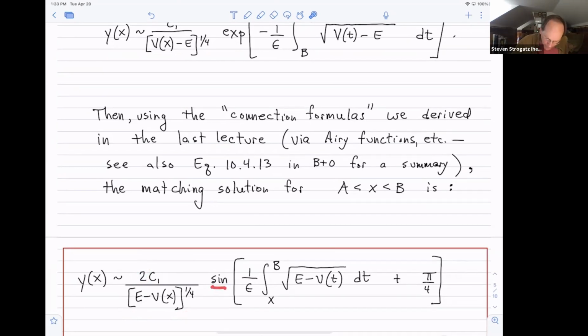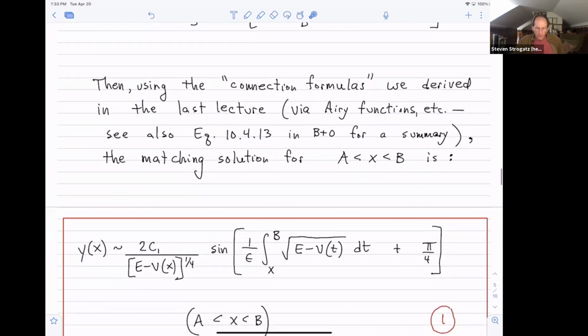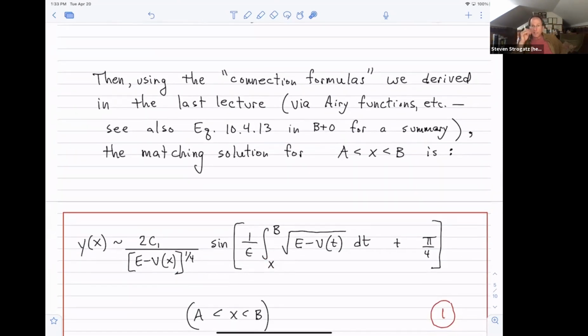Sine wave of something that looks like an indefinite integral, and I'm writing it going from x to b because x is the smaller of the numbers, x is less than b. I'm thinking of being in the region where x is between a and b, right, between the turning points. So in the classically allowed region, we're getting oscillations that look like this.